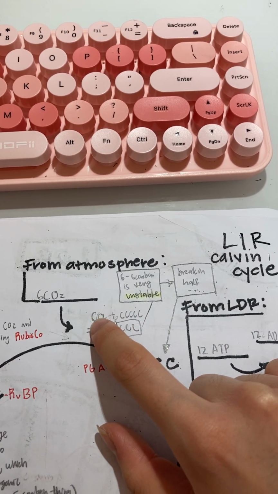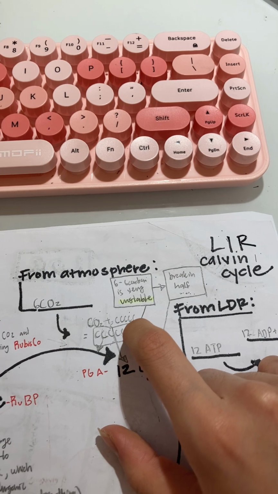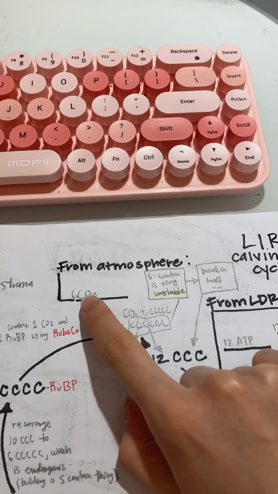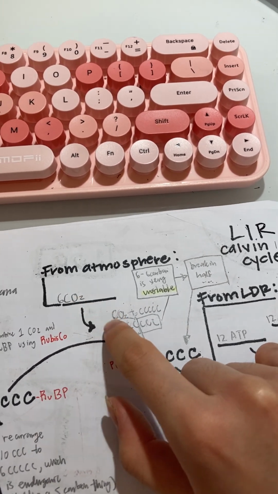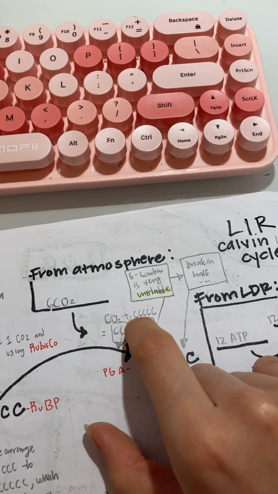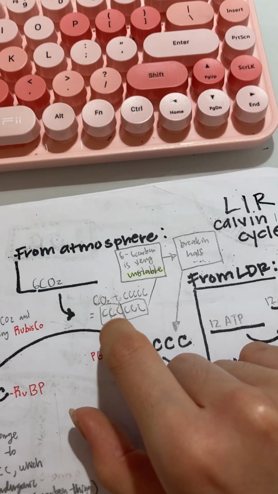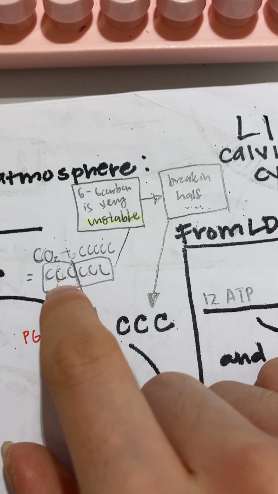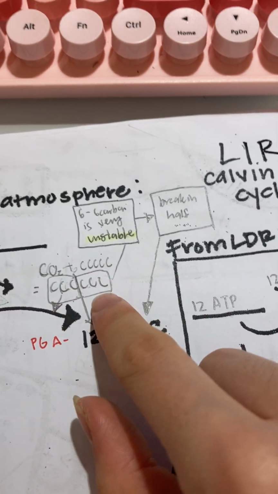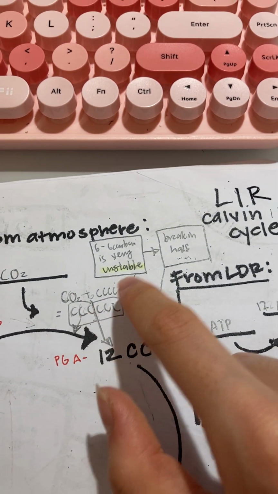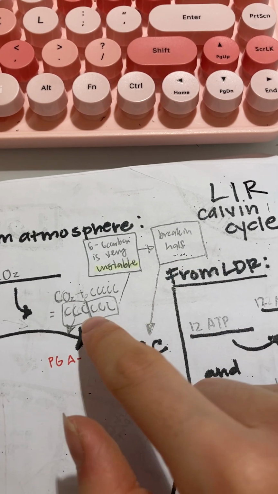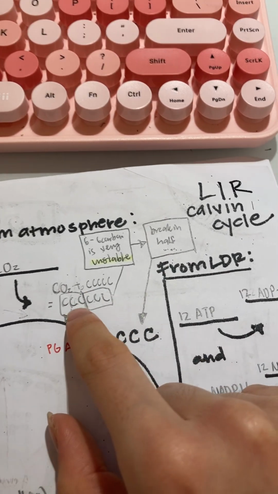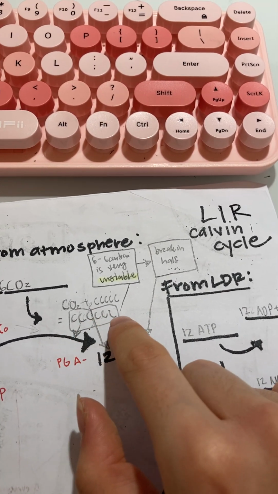We take the carbon, so there are 5 carbons over here from RuBP, and there's 1 carbon over here from carbon dioxide. We add it, and then it'll become 6 carbons, right? But this 6-carbon structure is very unstable. So it'll break in half, which leaves 2 three-carbon structures.